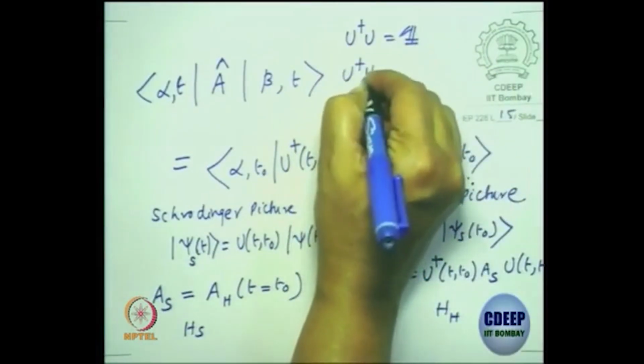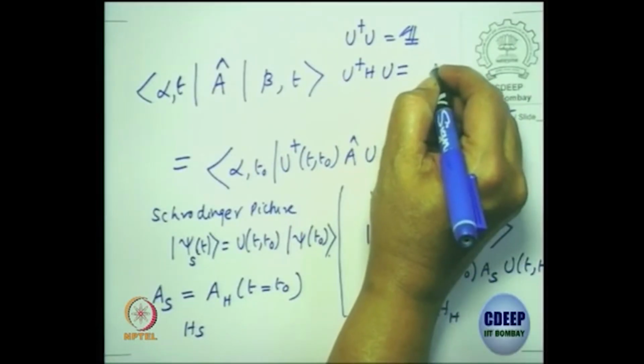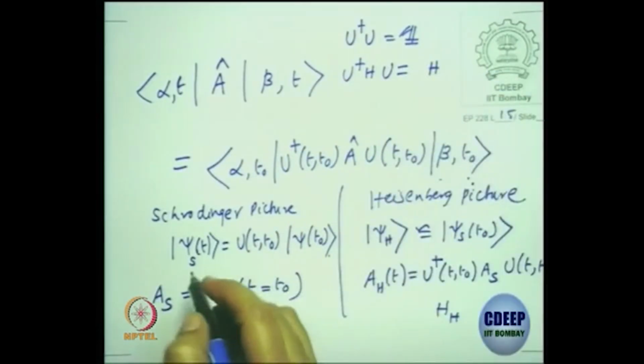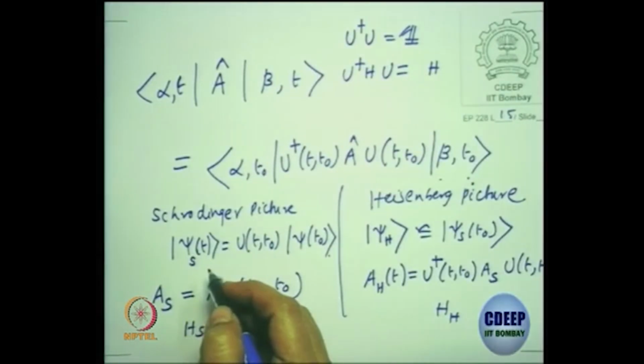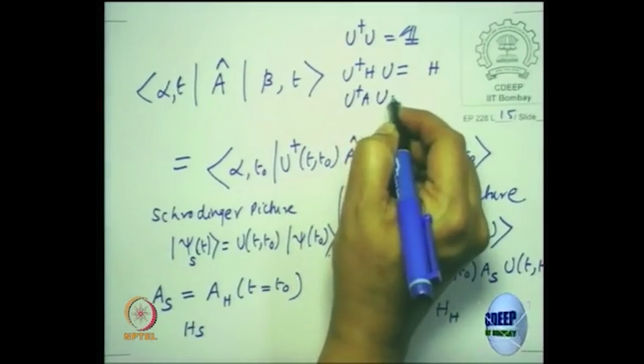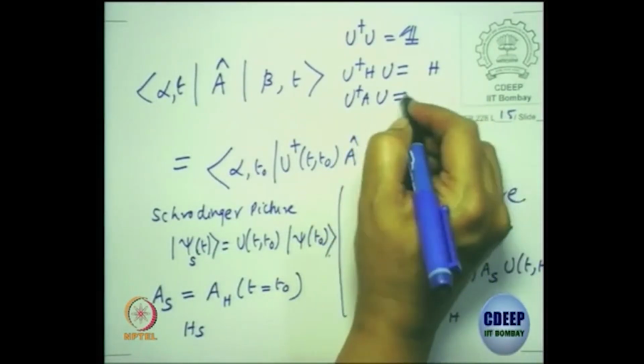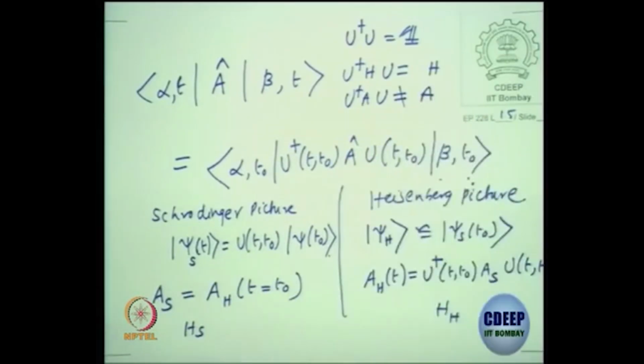U dagger H U is also H. But U dagger, some other operator A, U, is not equal to A in general.